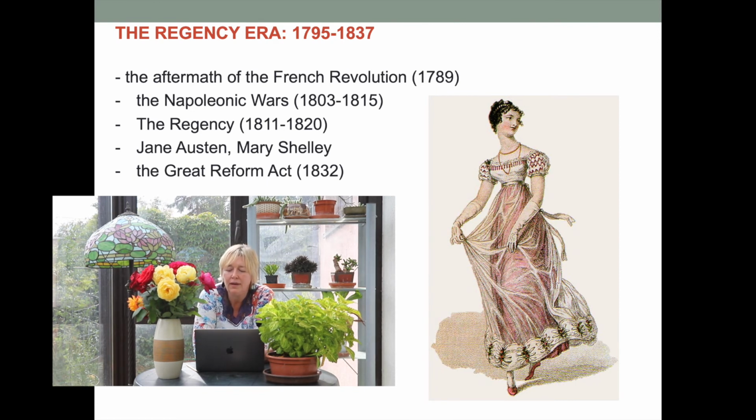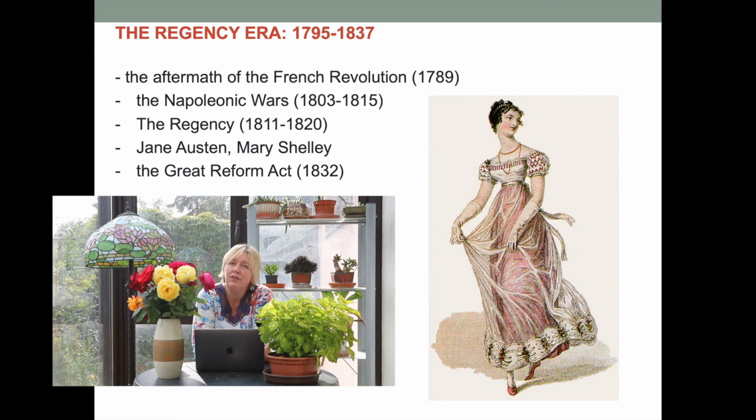the accession of Queen Victoria, the niece of George IV, who came to the throne after he died childless, and after his younger brother William, who ruled for seven years as William the Fourth, yes, from 1830 to 1837.